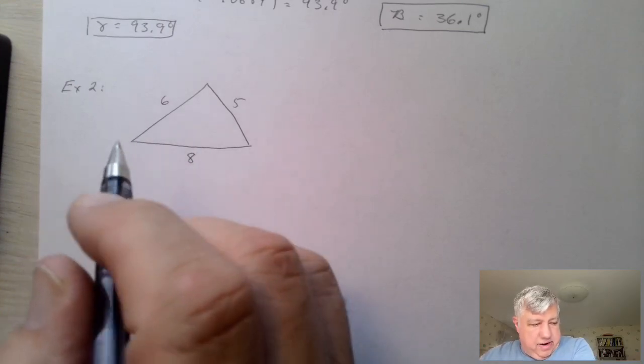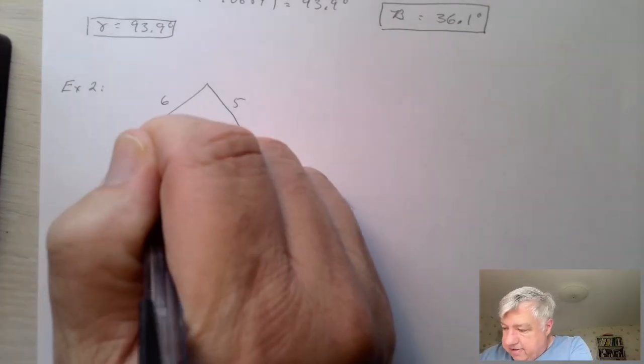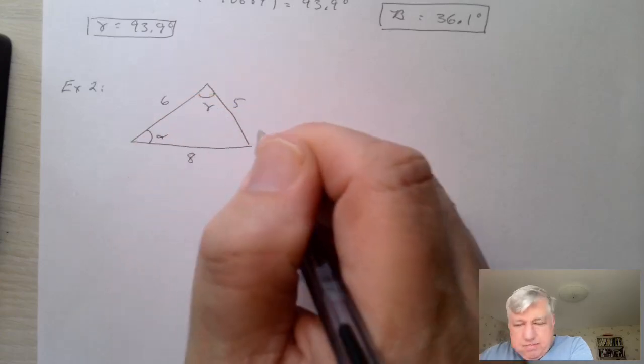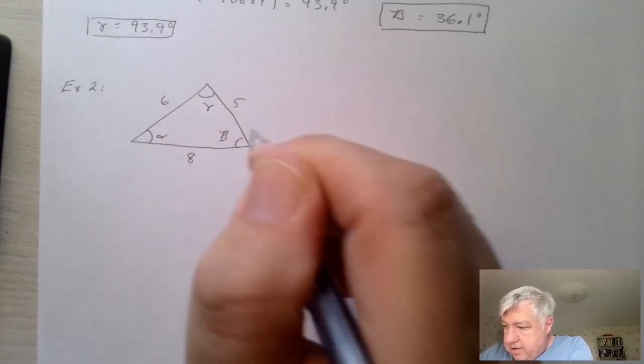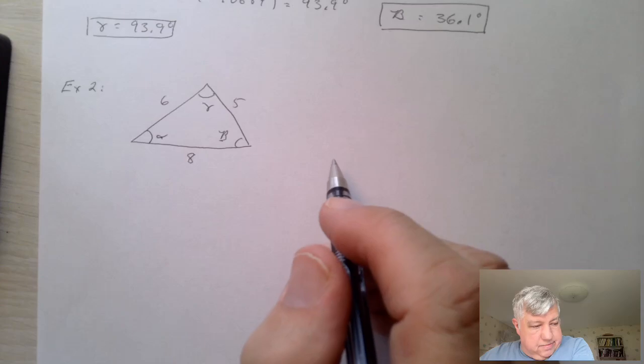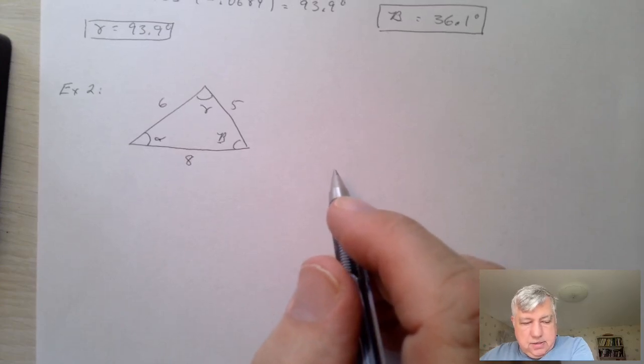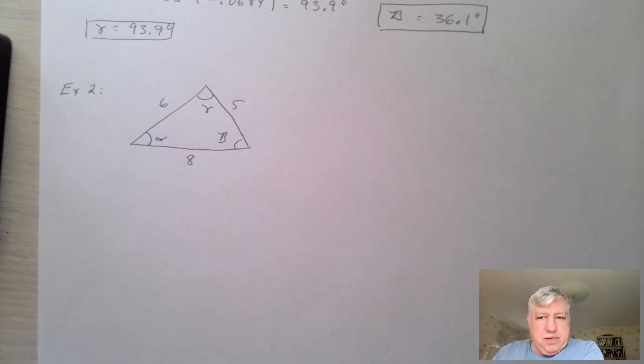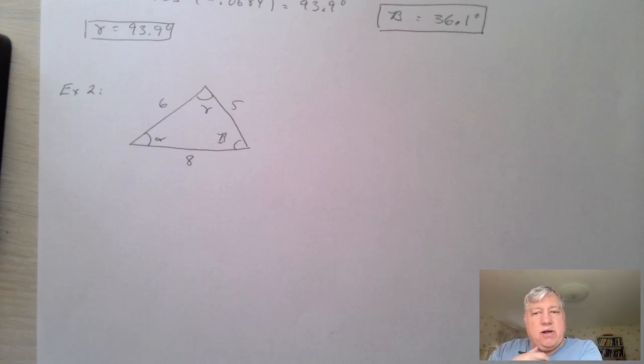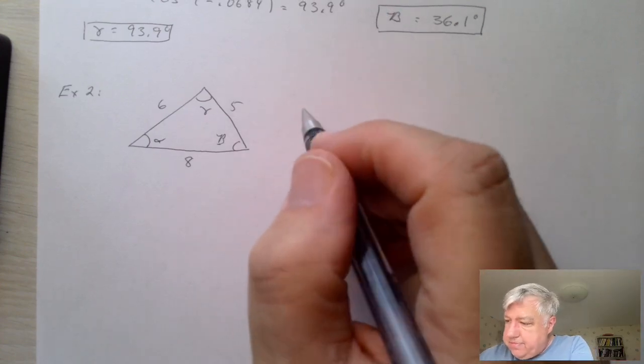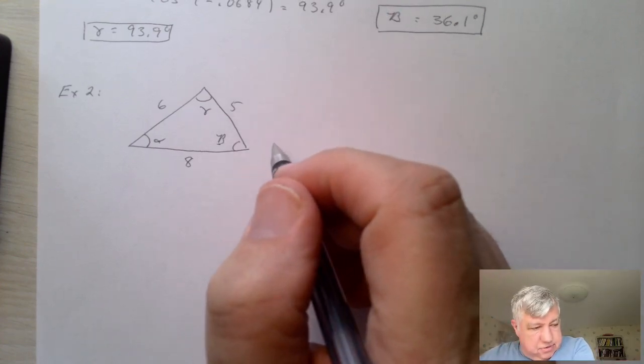Let's label our angles: alpha, gamma, and beta again. Basically, as in the last part of the example we just did, we're going to find the cosine of the angle and then take the inverse cosine to get the angle.